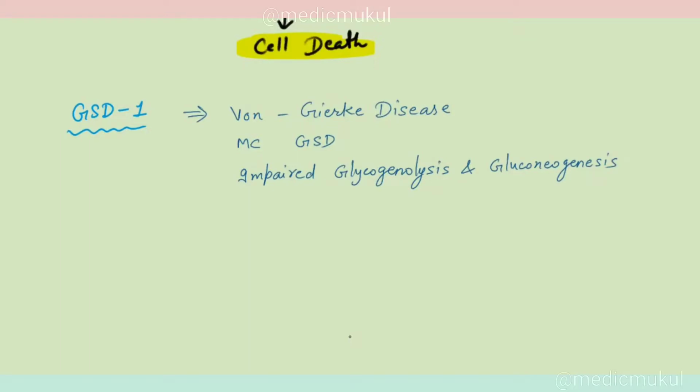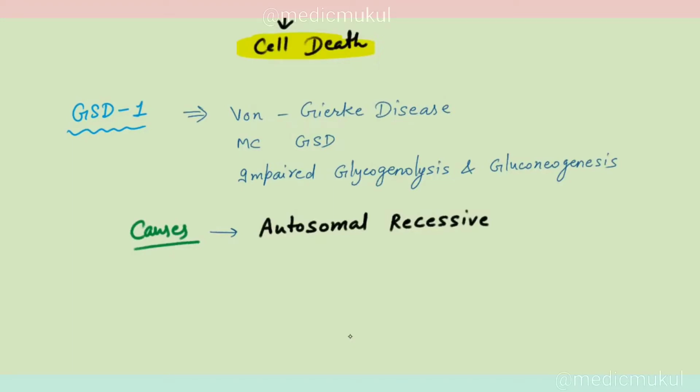What are the causes of GSD1? First, it is an autosomal recessive condition, so there will be a problem in the gene also. There is GSD type 1A, in which there is a mutation of the G6PC gene, and GSD1B, in which there is a mutation of G6PT1.